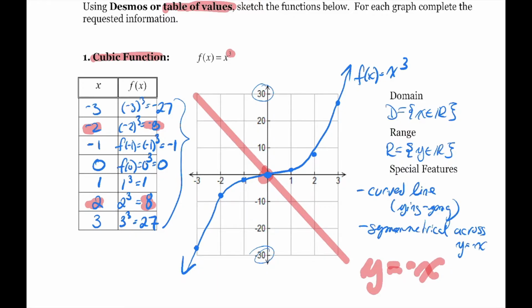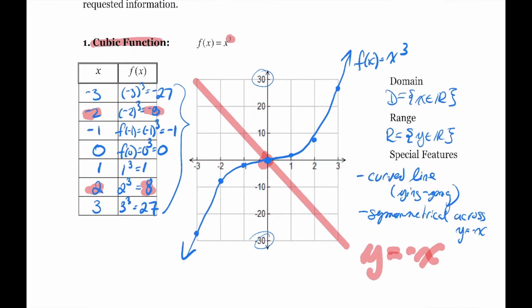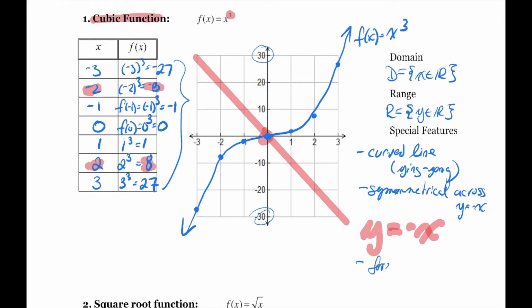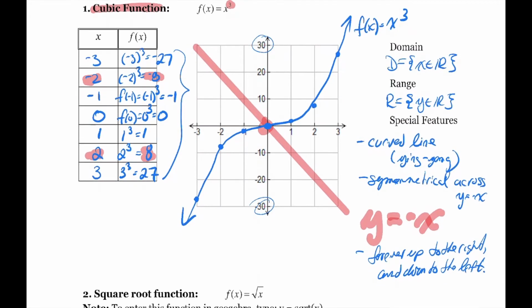Okay, and so in this case, we're going to say that it also goes forever up to the right and down to the left. So very similar to, let's say, y is equal to x, a straight line, except this time it's actually a curved line that has a similar feature.